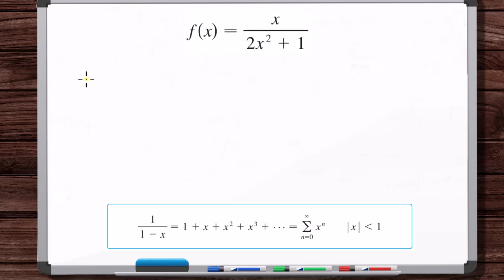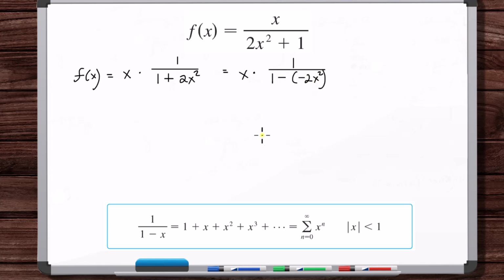Okay, so let's bring this x out, and then we'll have 1 plus 2x squared over 1. So we can write this as 1 minus 2x squared, and all that under 1.